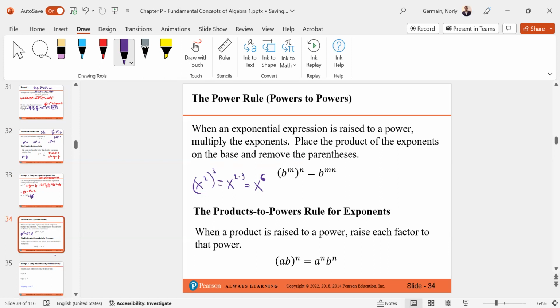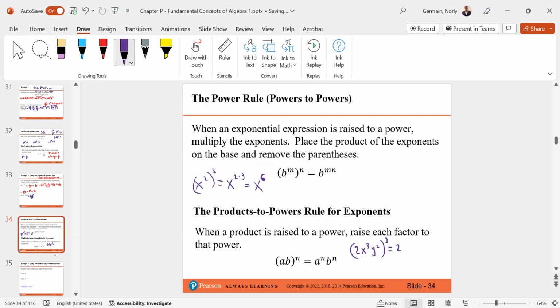The product to a power rule for exponents: when a product is raised to a power, raise each factor to that power. So you need to distribute. For example, (2x cubed y squared) to the power 3.